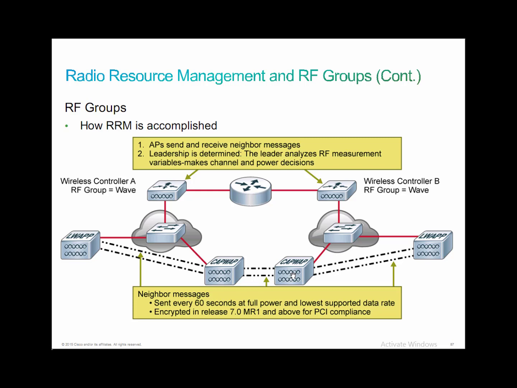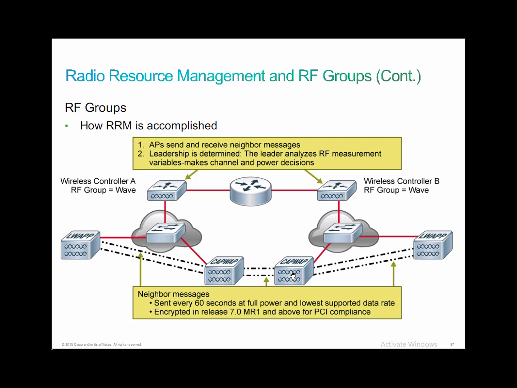They both really define clusters of wireless LAN controllers, but they're different in terms of how they're actually used. We know that an RF group facilitates things like system-wide dynamic RF management, but a mobility group facilitates mobility and wireless LAN controller redundancy and failover.